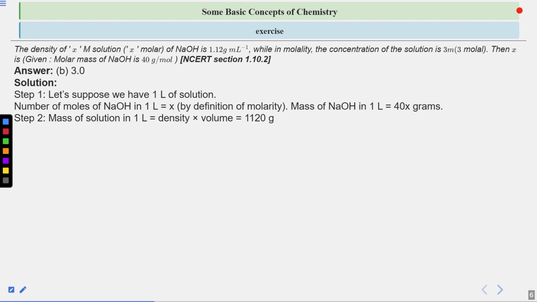Now in the next part, we have to calculate the mass of that 1 liter solution. Again, we have the density, but we need to convert the density into gram per liter, or you can do otherwise, which is conversion of liter into 1000 ml.